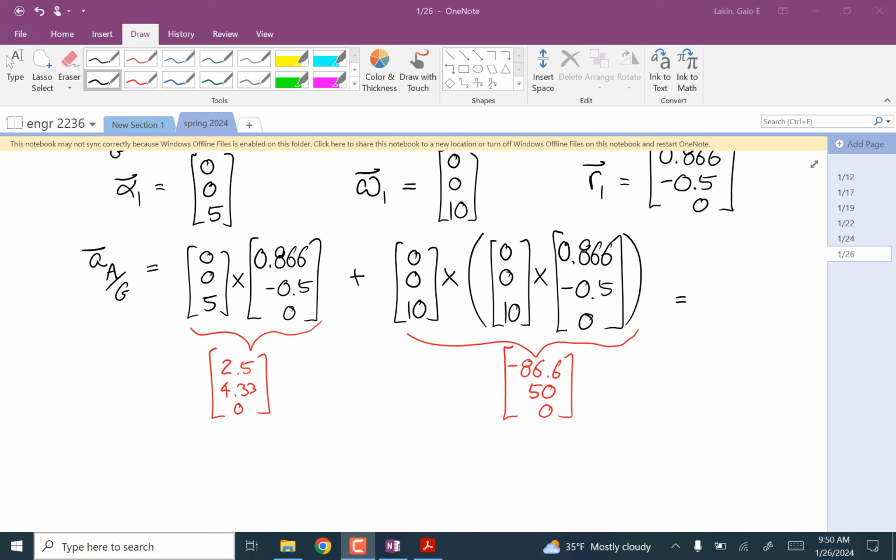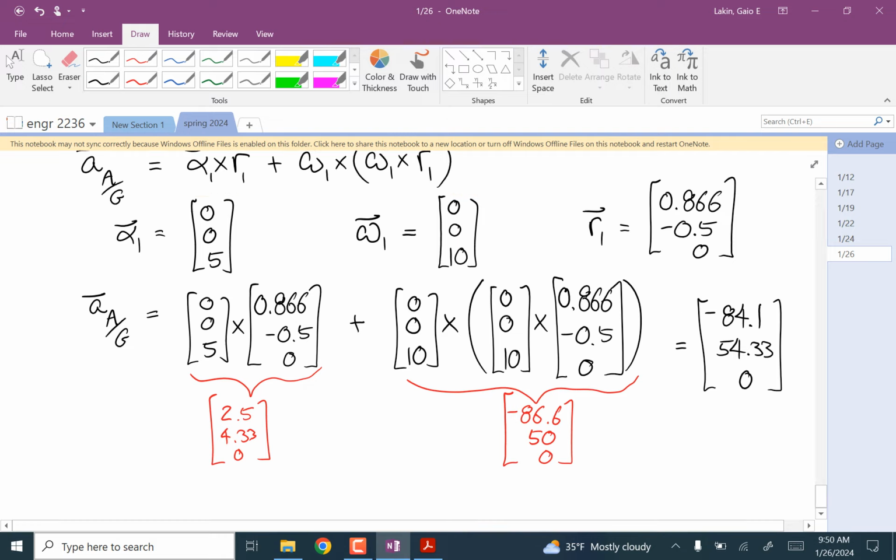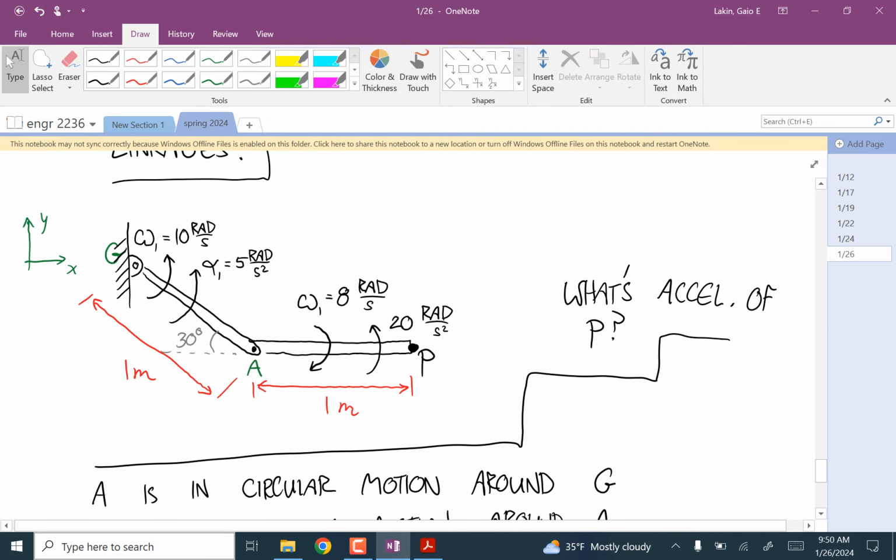And so all together, we get an answer for the acceleration of that elbow point A of negative 84.1, 54.330. Is that what you got too? Yeah. Yay. Well, that's the order of the arguments then. Okay, well, we're not done yet. That's just the acceleration of that elbow point.